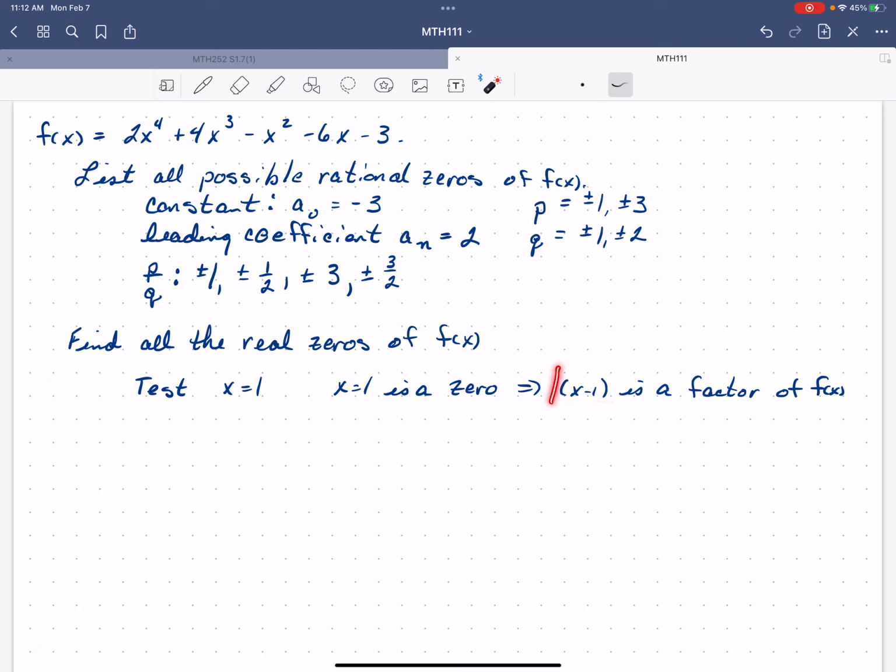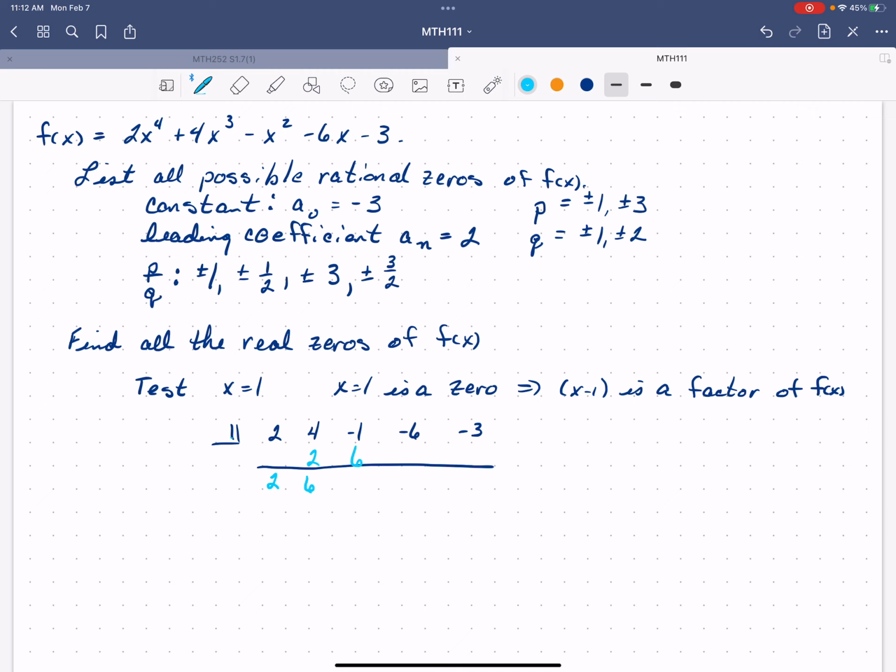This is a form that works with synthetic division. So in order to test this 0, I put the number I am testing into my box, and I carry out my synthetic division. So I bring down my 2. 1 times 2 is 2. 2 plus 4 is 6. 1 times 6 is 6.